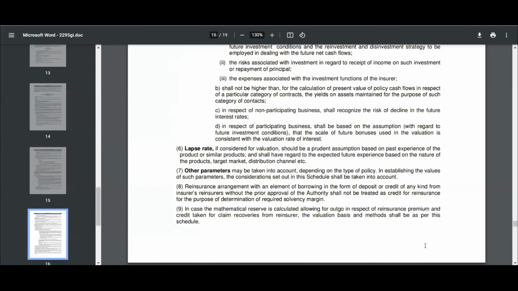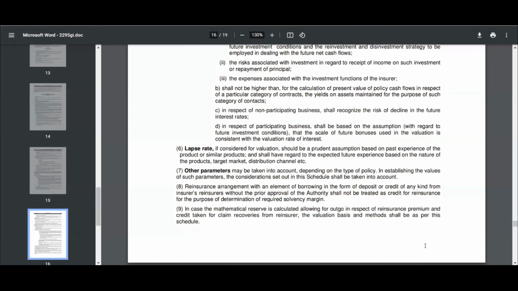For reinsurance, any reinsurance arrangement that involves any form of borrowings, like credit or deposit from the reinsurer, without prior approval of the authorities shall not be taken into consideration for the calculation of required solvency margin. Finally, if your reserve includes outgoes or inflows from the reinsurer, then that would also follow the principles discussed in the regulation.